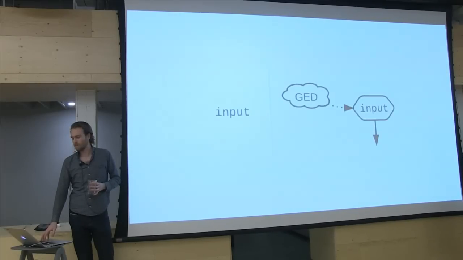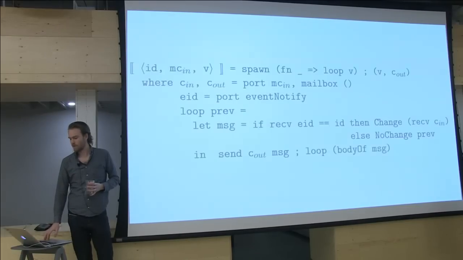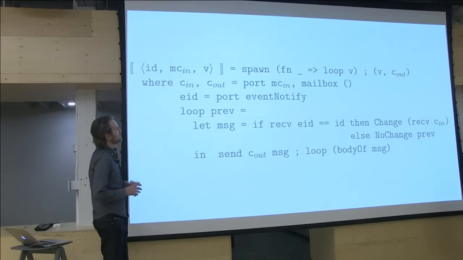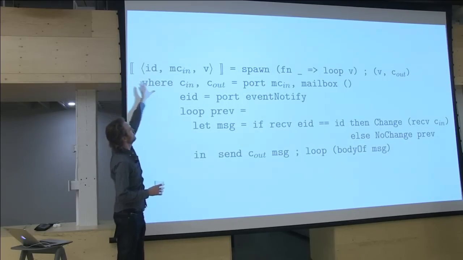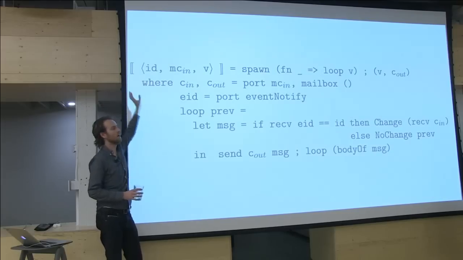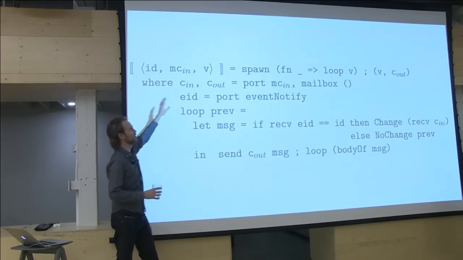So here's an input node. Events come from the dispatch, and they get spit out as messages into the graph. Here's the code for it. Again, I'm going to gloss over it, but this syntax here means an input signal. Don't worry about it too much.